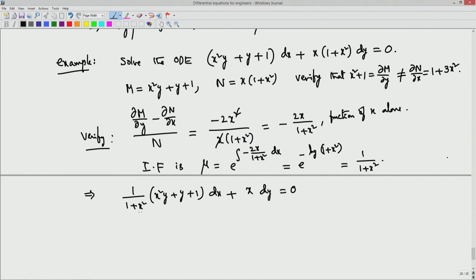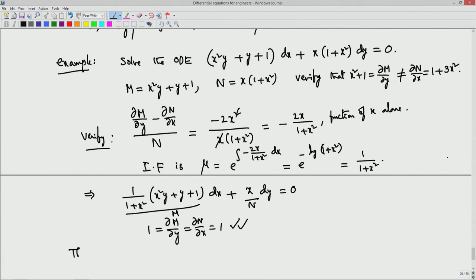Now this equation is exact with this M and this N. You can verify that: dou M by dou y equals dou N by dou x, which is 1. So verified.